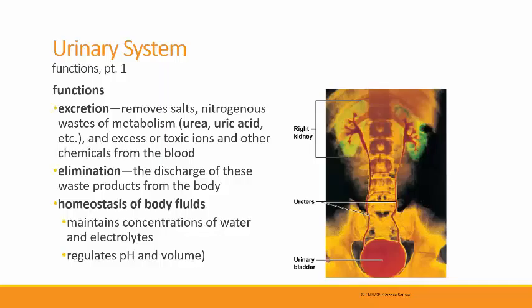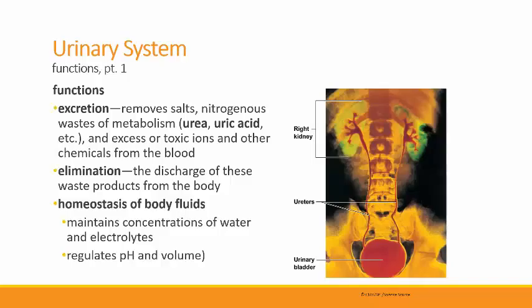We get rid of salts, other toxic ions that can build up in the blood or in body fluids, as well as any other chemicals that don't belong in the body. So we remove pharmaceuticals, for instance, and other kinds of drugs from the blood by the kidneys as well.